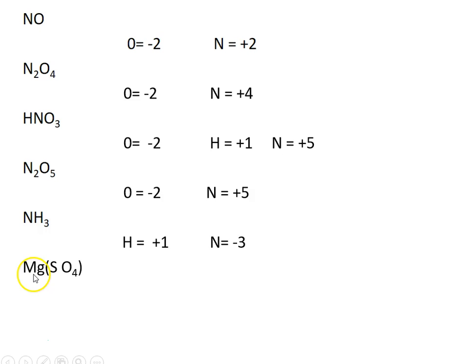We only have one of them, so this is plus 2, and you know the oxygen. Oxygen is minus 2, you have 4 of them, so it's minus 8. So we've got plus 2, minus 8. If you add them together, you get minus 6. So you need a positive that cancels that out because there's no charge altogether. So you need plus 6. There's only one of them. So it's plus 6.